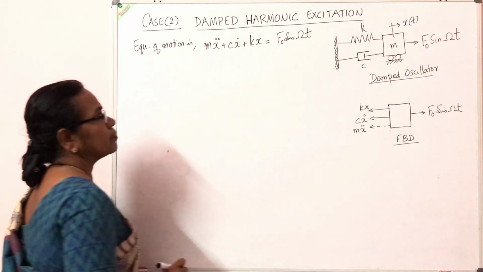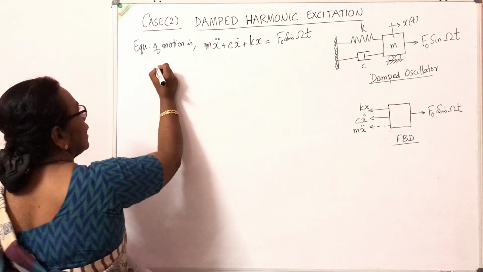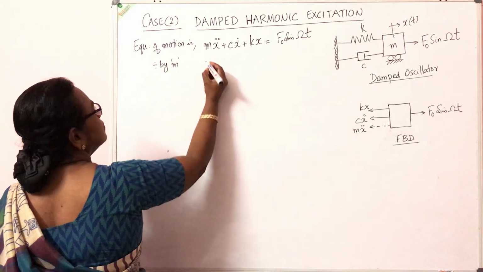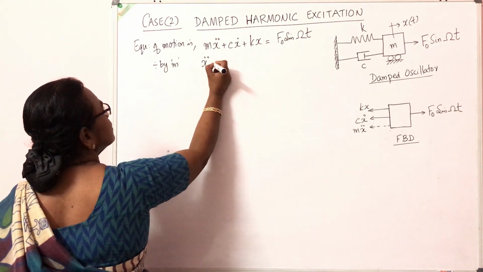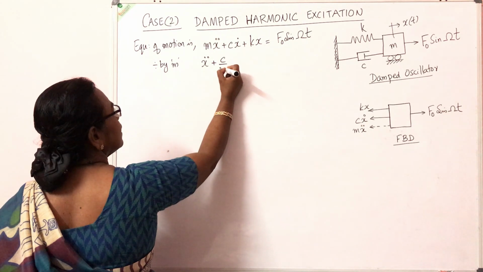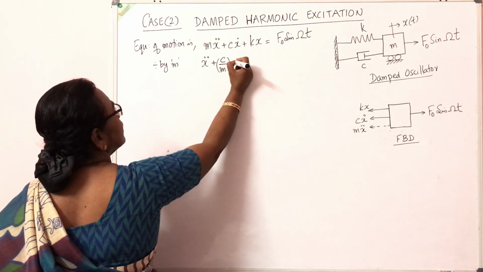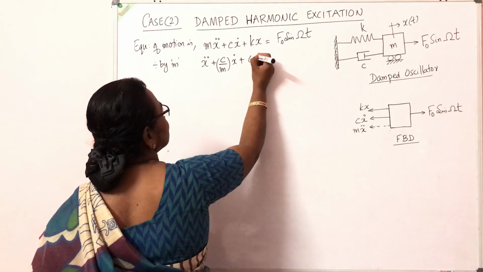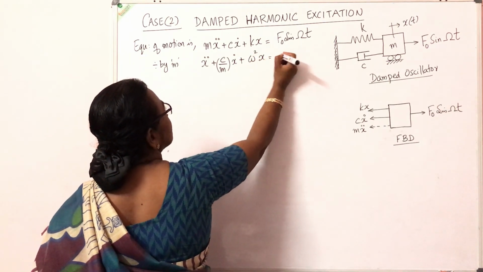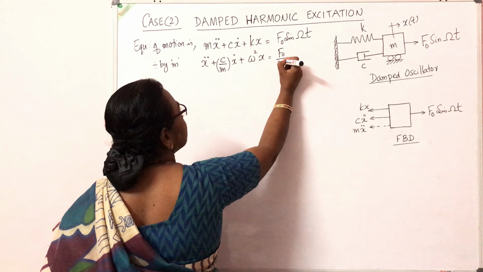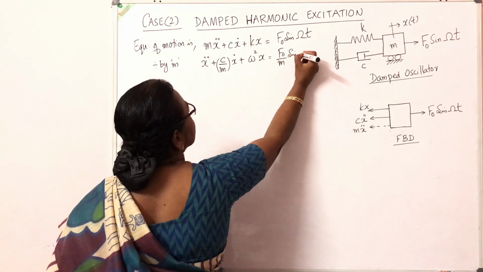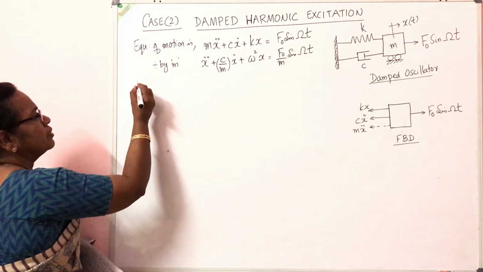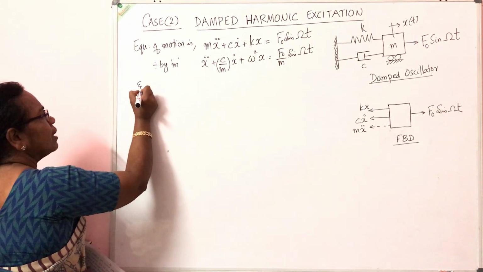Now dividing throughout by m, x double dot plus c by m x dot plus k by m x, this k by m is omega square, natural frequency, is equal to F0 by m sin Ωt. Now we have seen earlier, we have defined the damping ratio.